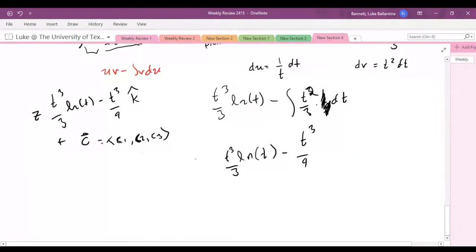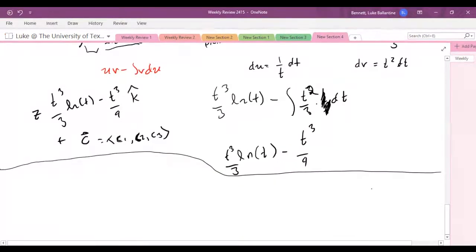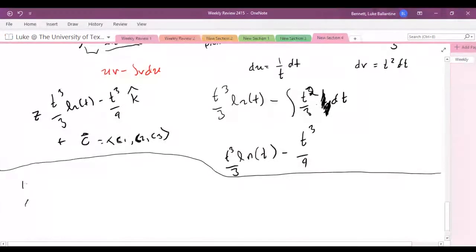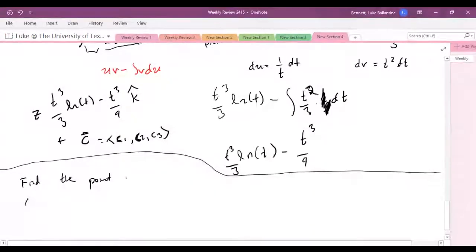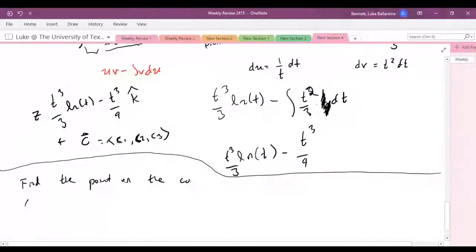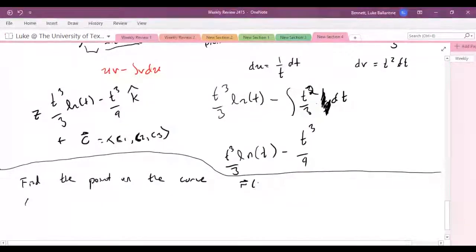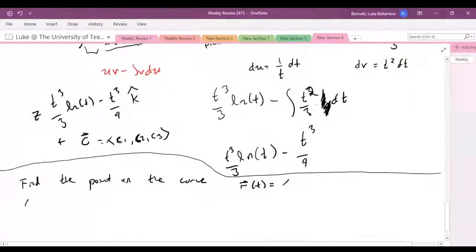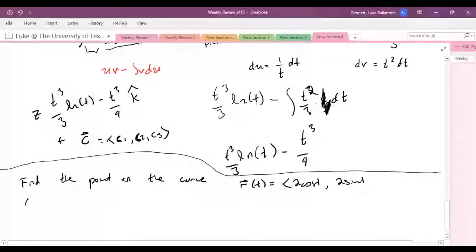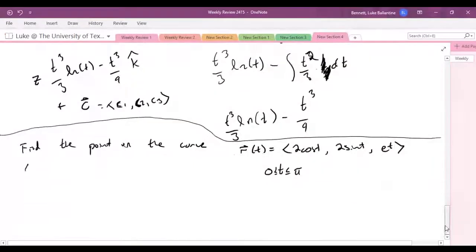We have another example. Okay, find the point on the curve r of t equals 2 cosine t, 2 sine t, e to the t. t is in between 0 and pi.